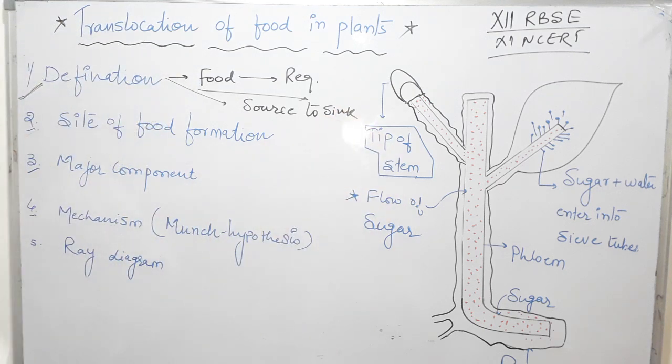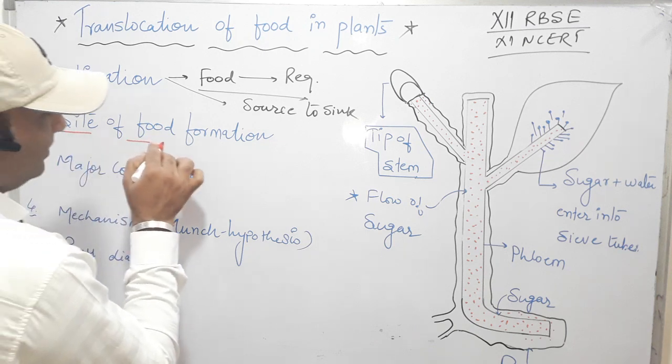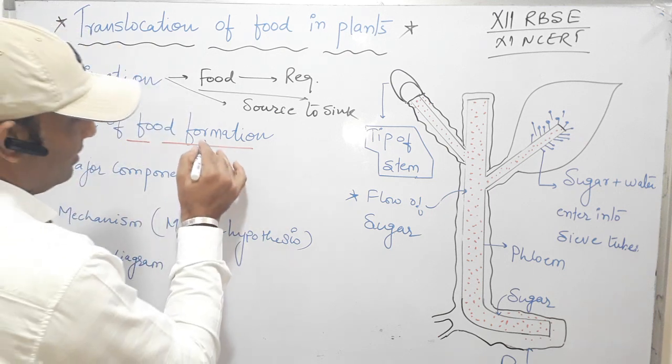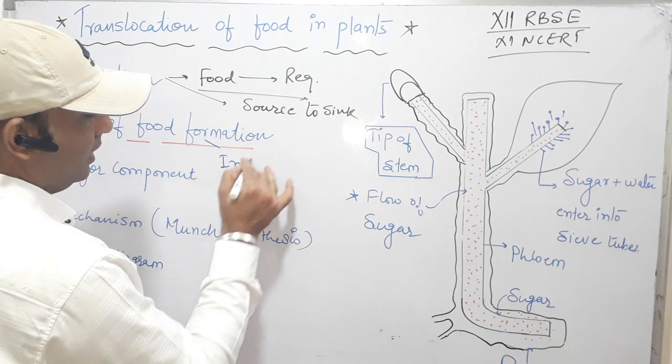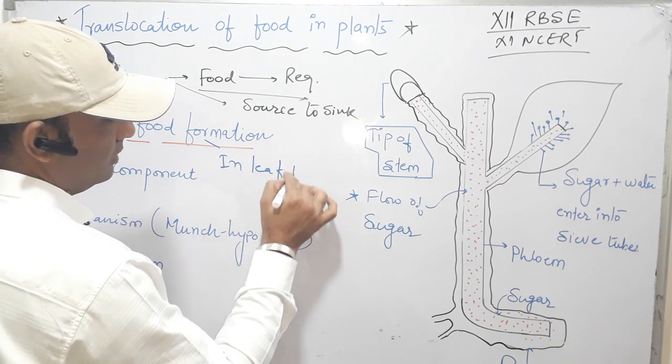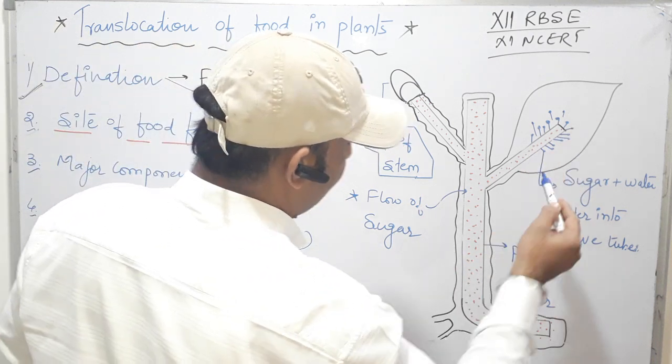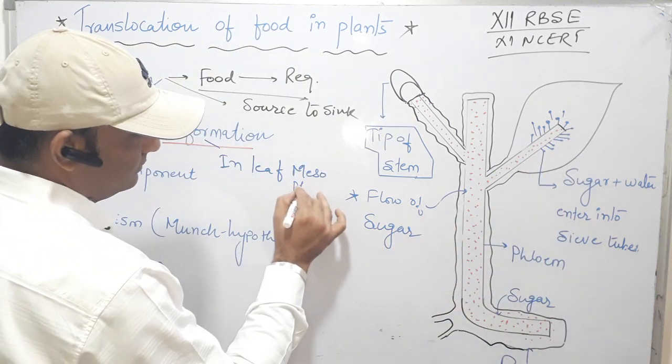Second, the site of food formation, where the food formation takes place. So in this point we will write: in leaf, mesophyll. In leaf it is the mesophyll cell.